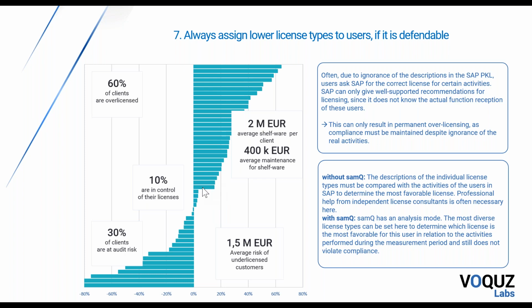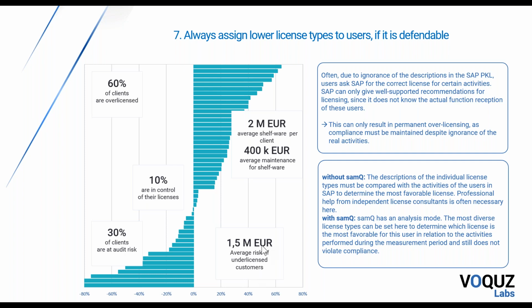It shows which clients, on the top half, were over licensed and which clients were under licensed after we executed the audit. You can see that only 10% were in a more or less balanced situation, and most of them had a big over license, so 60% of them, which on average was 2 million euros or $3 million.